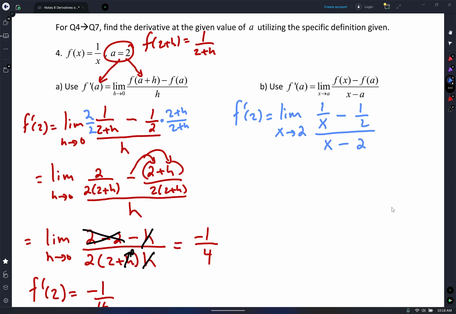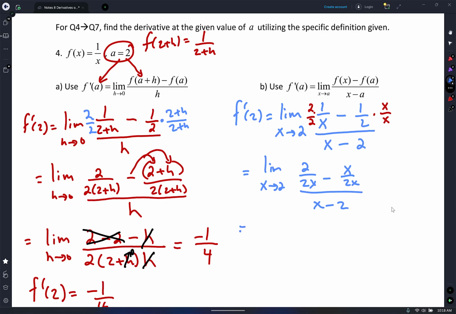Everything else is algebra. I take my little pen here. I'm going to multiply this sucker by x over x. I'm going to multiply this sucker by 2 over 2. Are we okay so far? So then I'm going to write equals limit as x approaches 2. And I'm going to have 2 over 2x minus x over 2x. And all this is over x minus 2.